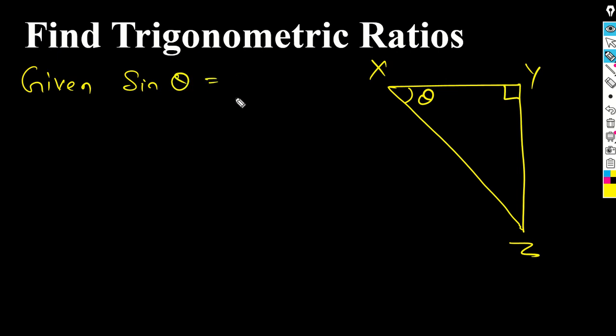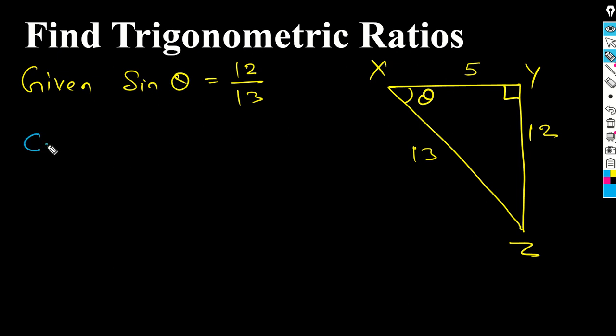So let's say this is 12, this is 13, and this is 5. The given information you have is sine theta is 12 over 13. This information is given. Now you need to find the remaining trigonometric ratios.